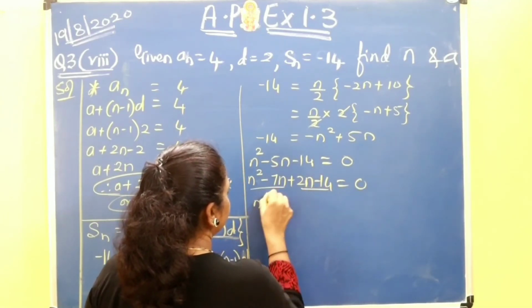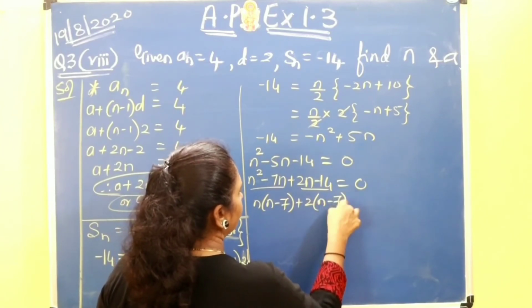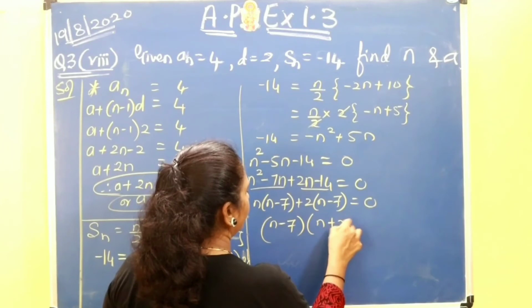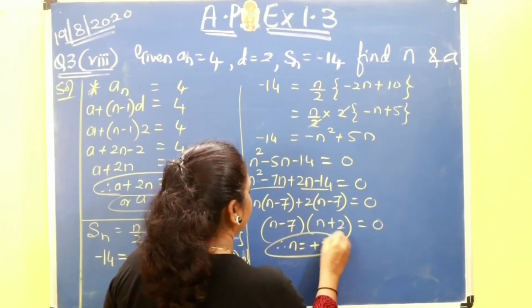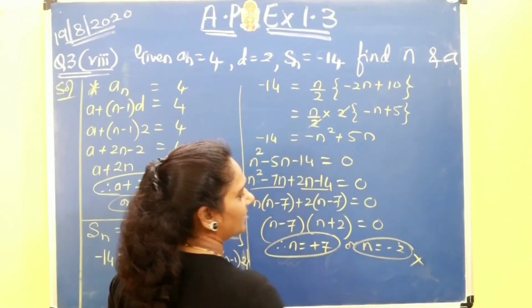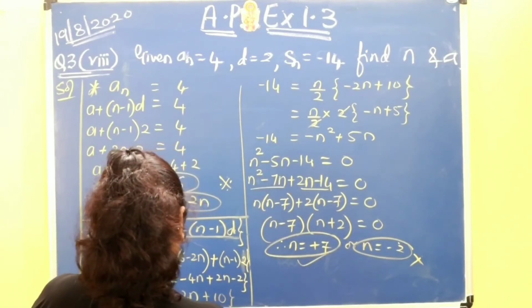First two, last two terms: n into n minus 7 plus 2 into n minus 7 equal to 0. n minus 7 into n plus 2 equal to 0. Therefore n is equal to plus 7 or n is equal to minus 2. But you know that we don't take negative numbers for natural numbers. So your n is equal to plus 7.